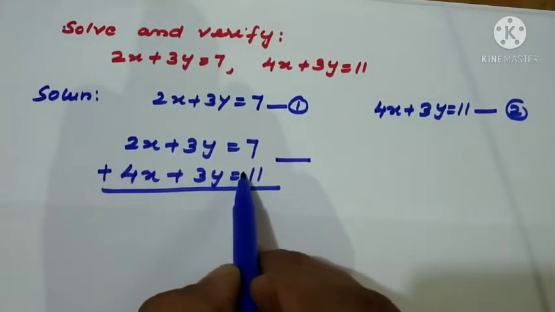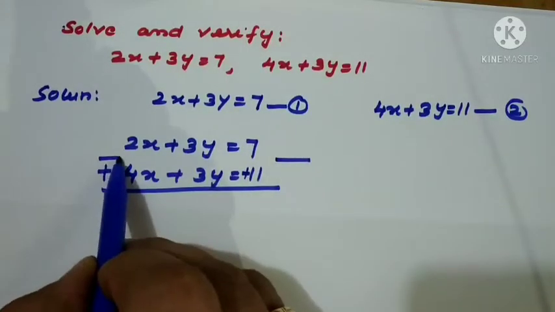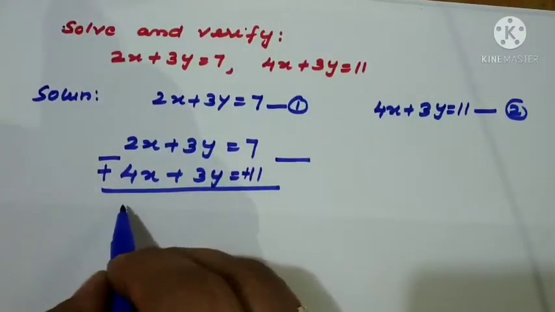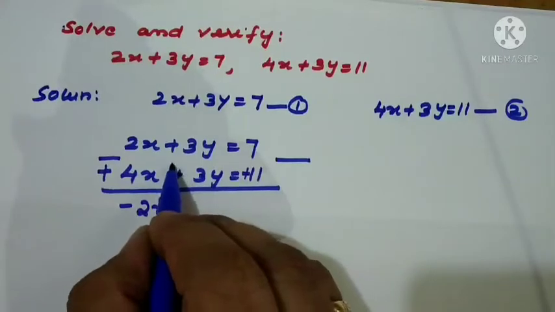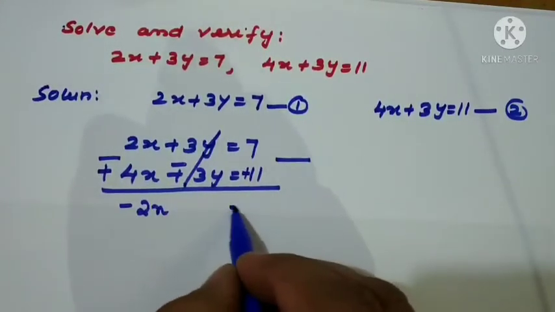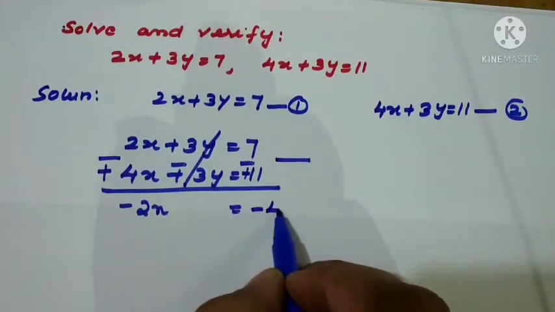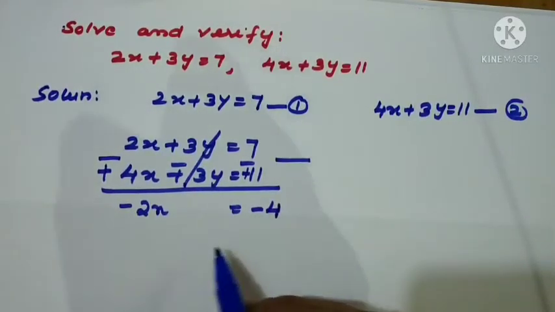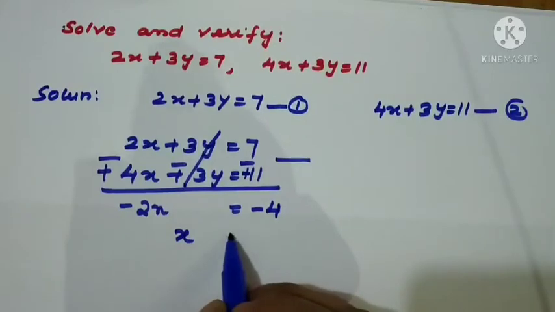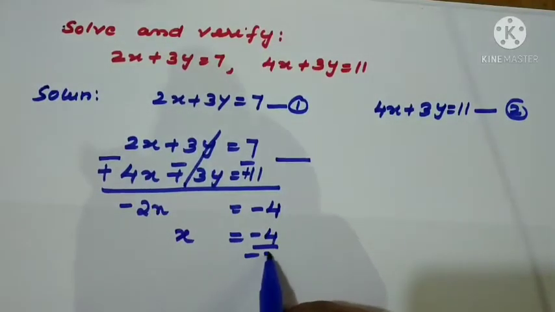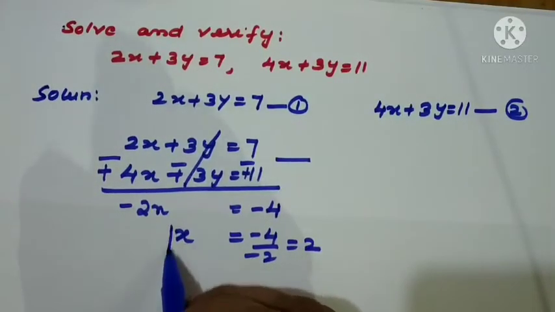So I'll put plus, both are plus, and change the sign. 2x minus 4x is minus 2x. Here 3y minus 3y will get cancelled. Now 7 minus 11 is minus 4. So what is the value of x? x equal to minus 4 by minus 2, which is equal to 2.